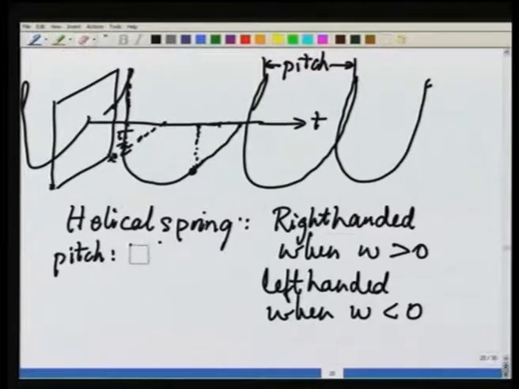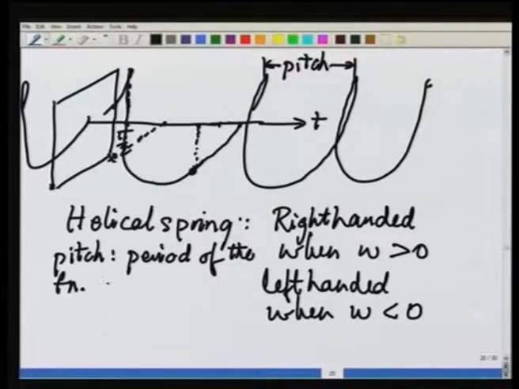Let me put it this way. Pitch is equal to the period of the function. Note that this is a periodic function, it repeats itself with a distance of time equal to the pitch.